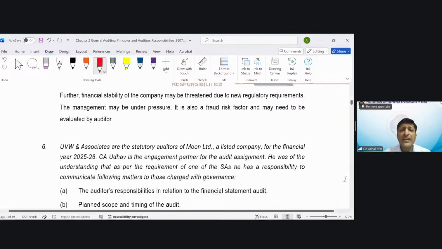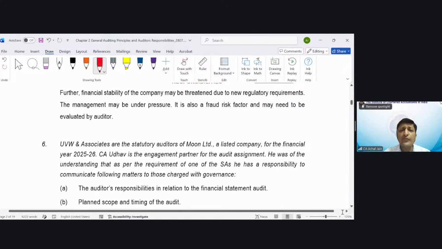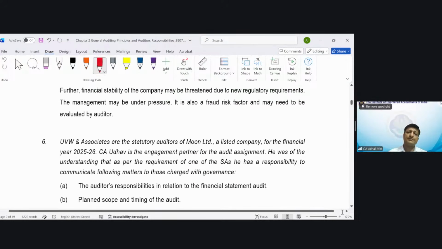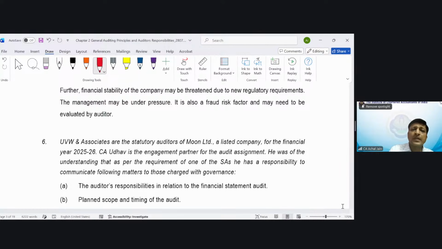Further, the financial stability of the company may be threatened due to new regulatory requirements. So the management may be under pressure. So it's also a fraud risk factor and may therefore need to be evaluated by the auditor.